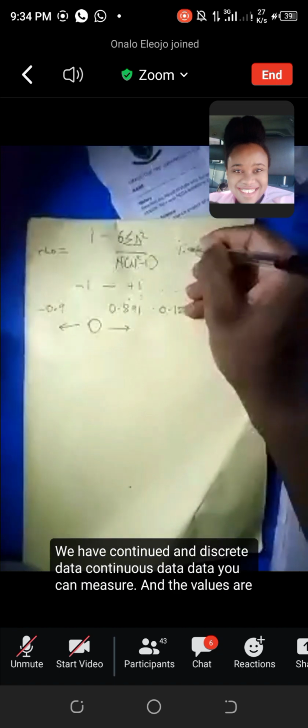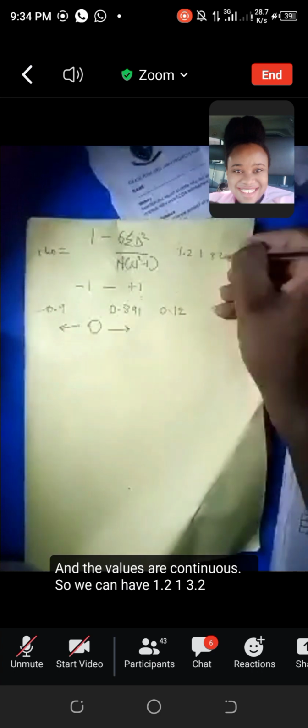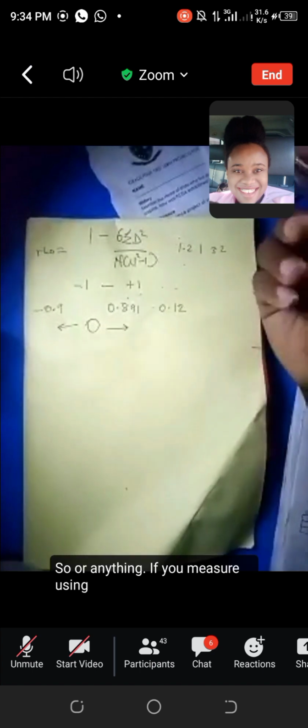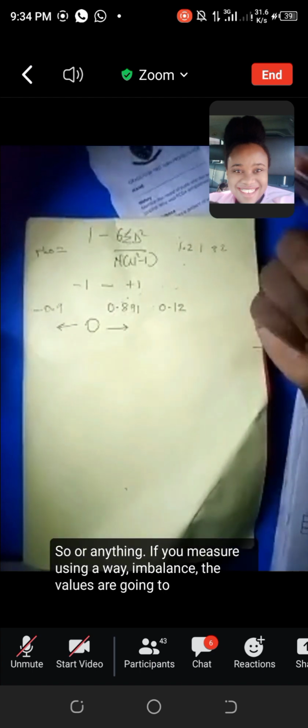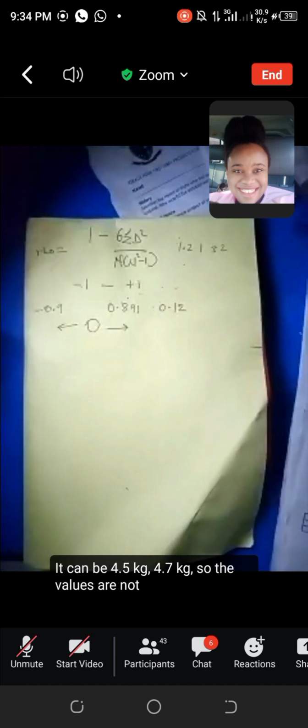So we can have 1.2, 3.2, and so on. If you measure using a weighing balance, the values are continuous. It can be 4.5 kg, 4.7 kg, and so on. So the values are not unique. It can be anything. Those are continuous data.